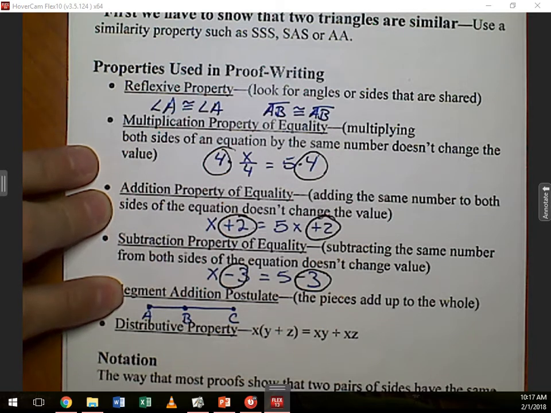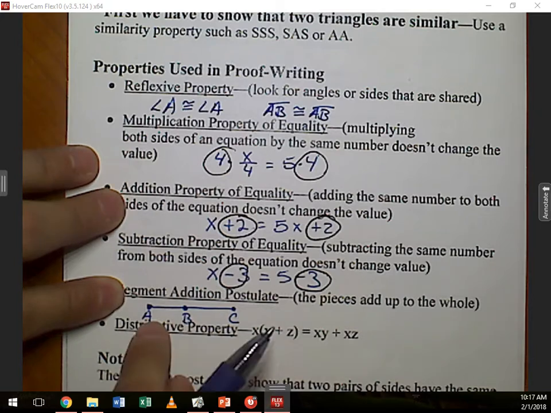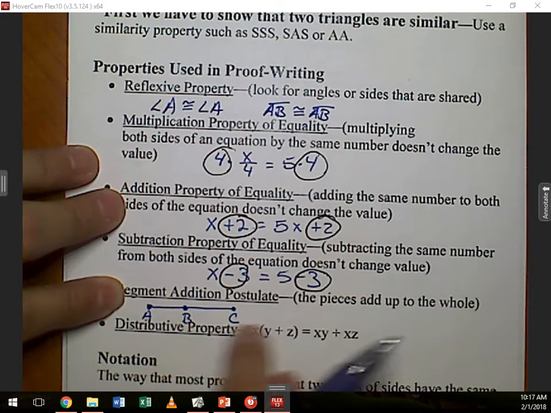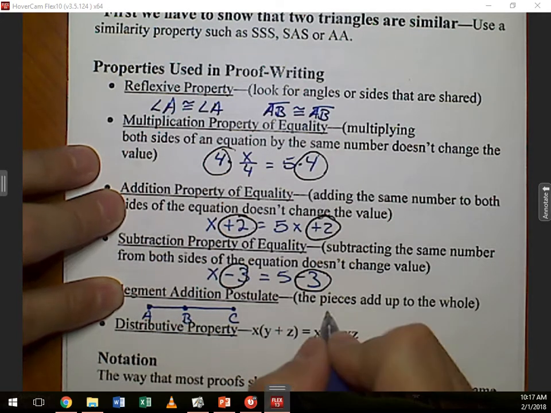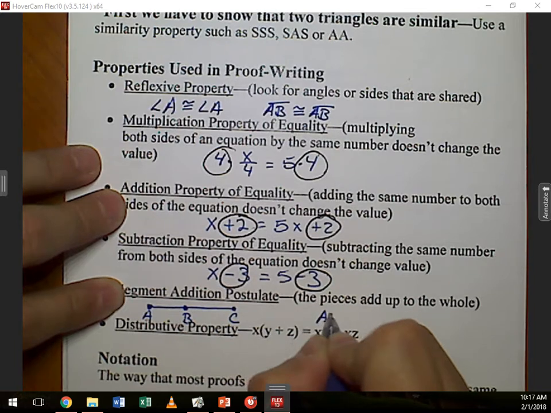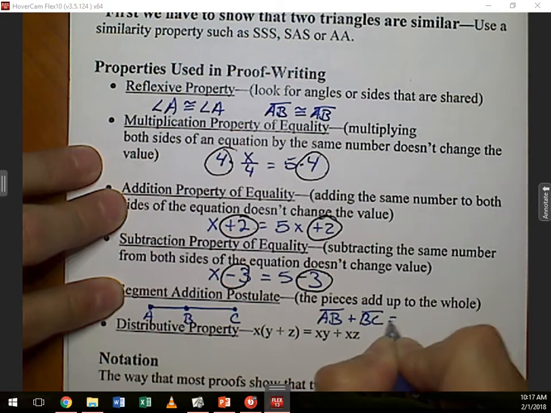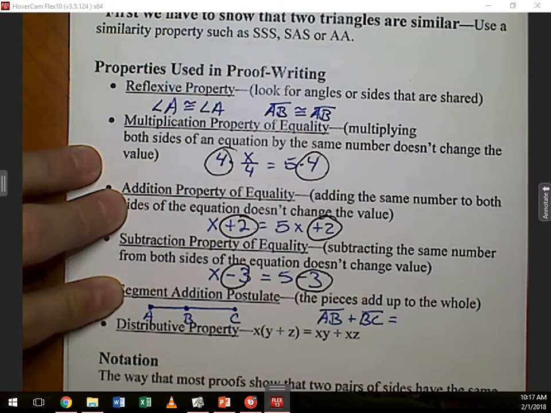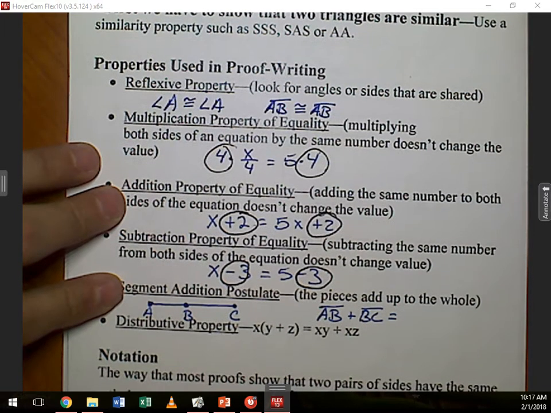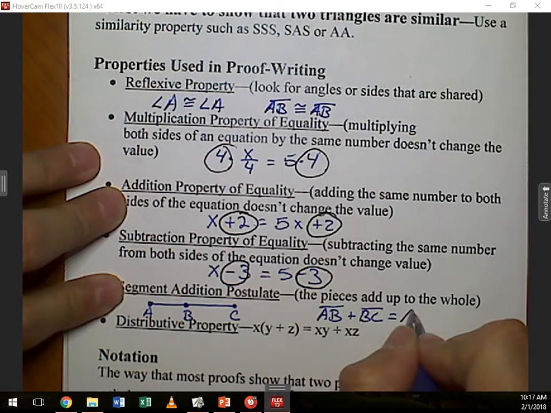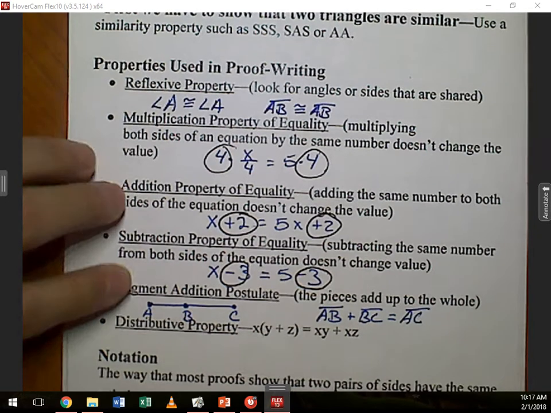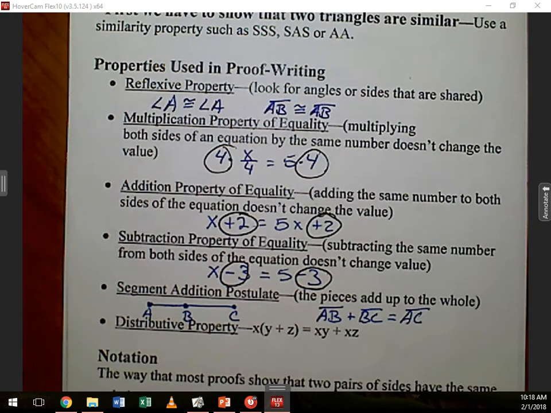What would the two segments that I'd be adding together be? AB and BC. Very good. So that would be line segment AB plus line segment BC. And if I were to add those two together, what would their whole segment be called? AC. Very good. That is my segment addition postulate there.